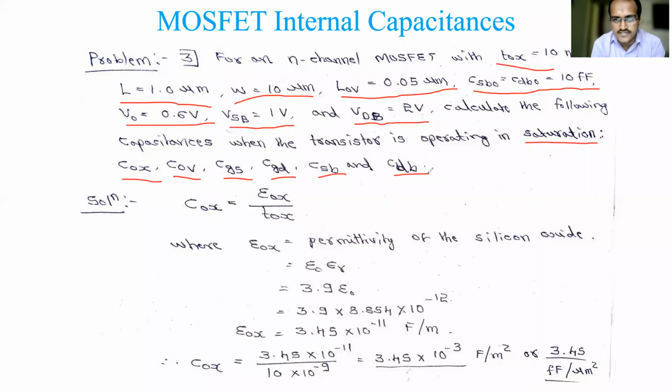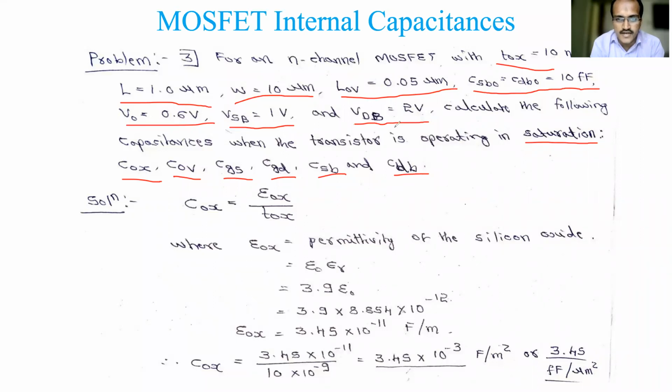Yesterday we discussed the many capacitances under different conditions: triode region, saturation region, cutoff region. We need to consider these capacitor values in the saturation region, and in all the calculations the overlap capacitance gets added. COX is the very basic one, which we calculate from the thickness of the oxide layer and the permittivity of the oxide layer.